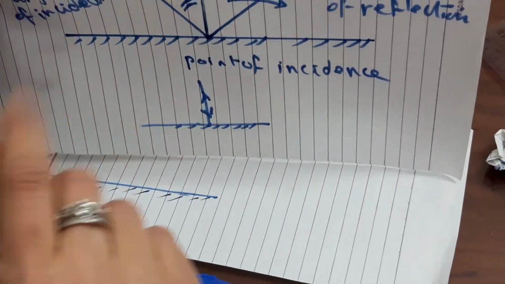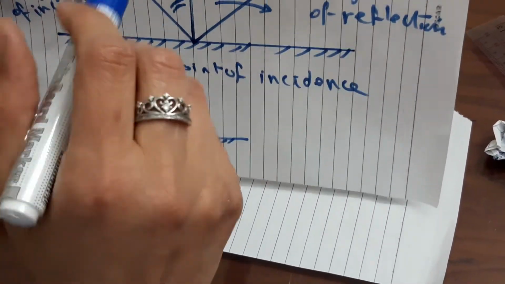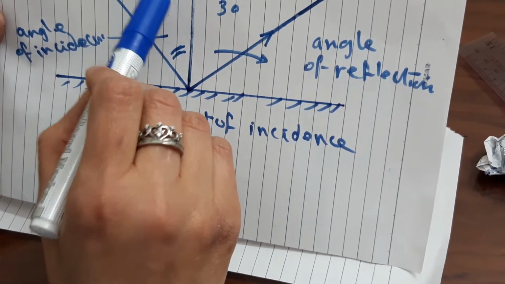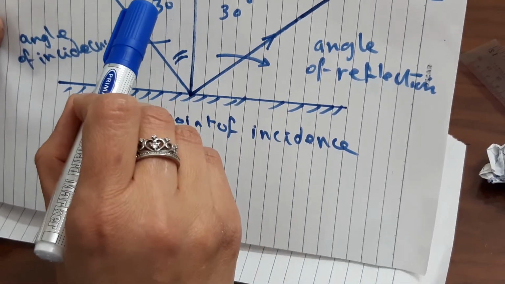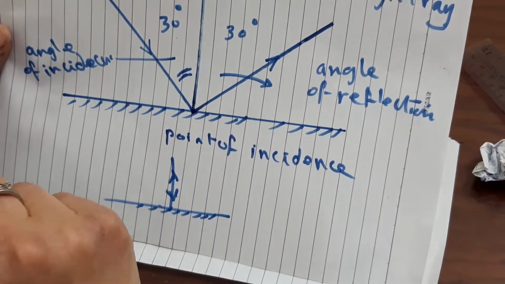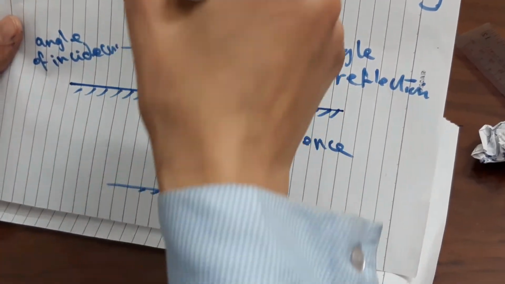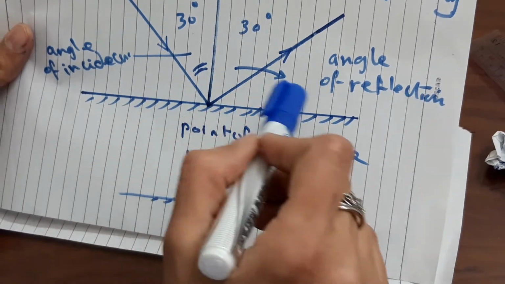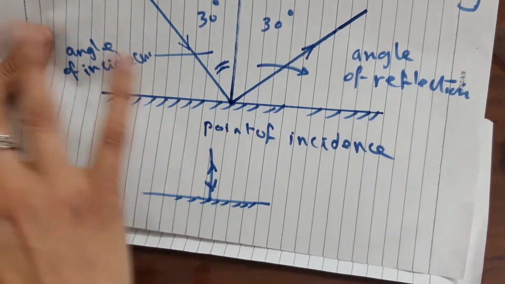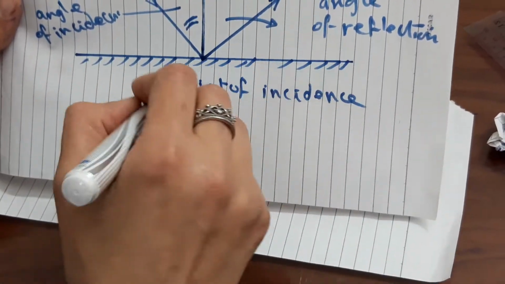So I have two laws of light reflection. The first one is that the angle of incidence equals the angle of reflection, and the incident light ray, the reflected light ray and the normal to the surface of reflection at the point of incidence all lie in one plane perpendicular to the reflecting surface.